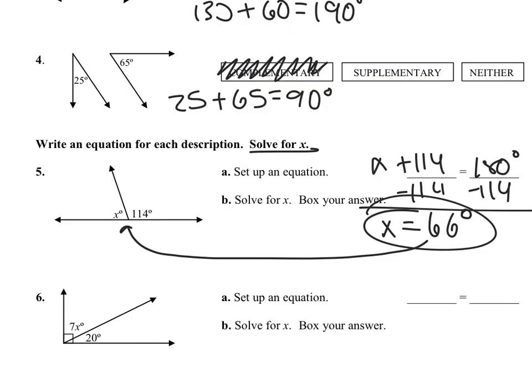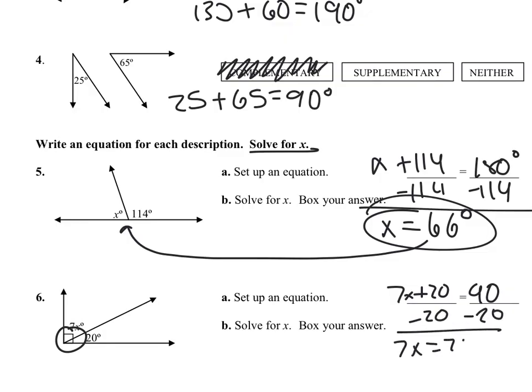On number 6, you've got 7x plus 20 equals, now these angle pairs are going to equal exactly 90 degrees, so they're complementary. To solve for x, the first thing I'm going to do is subtract 20 from both sides. I get 7x equals 70. And then I'm going to divide both sides by 7.